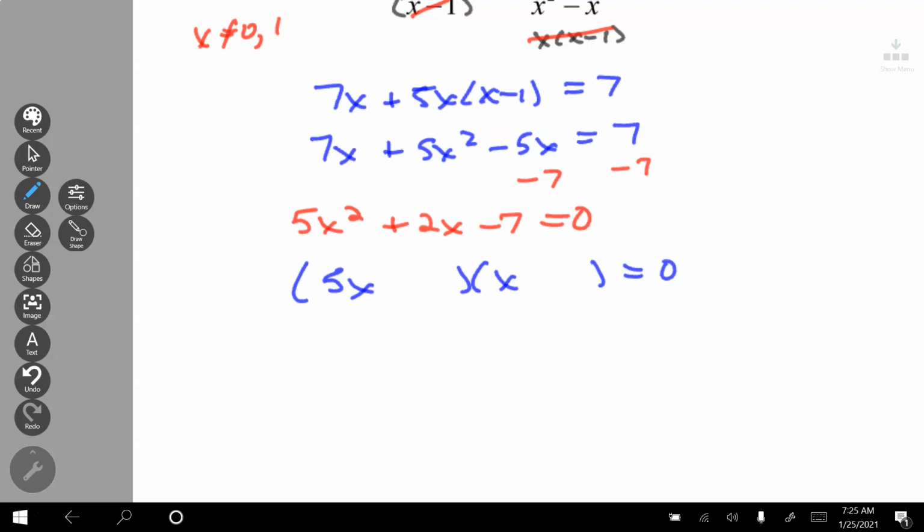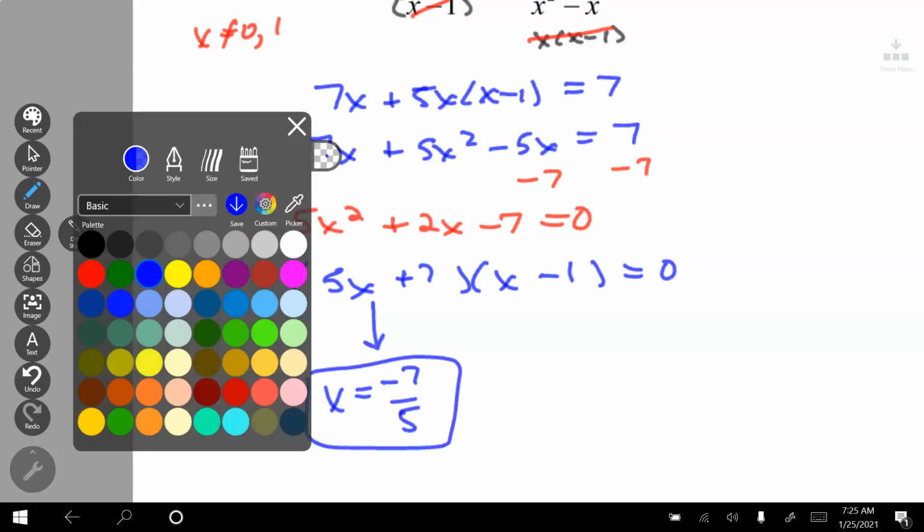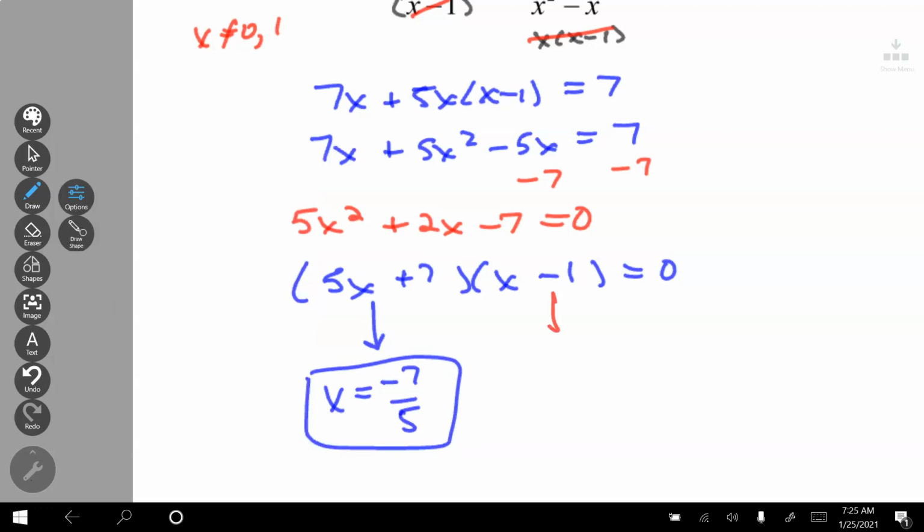I'm going to go plus 7 here and minus 1 here, and that will give me my plus 2 in the middle. This solution is x is equal to negative 7 over 5. But this solution here is x equals 1, and we said in the beginning x could not equal 1, so this one is extraneous. We got to make note of that.